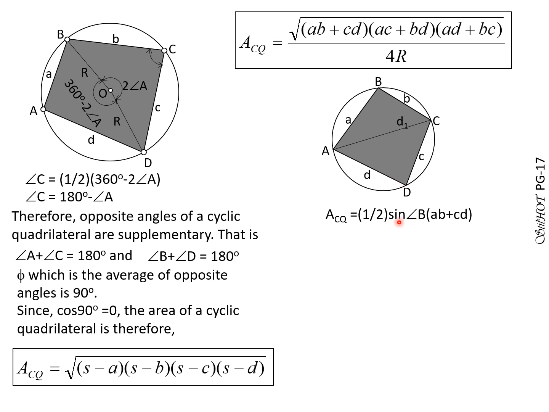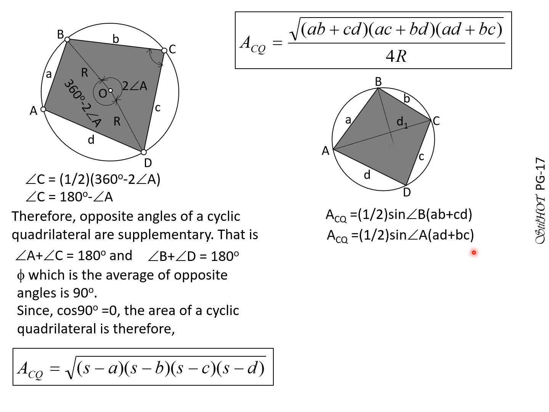I factor it out. So 1/2 sine angle B times AB plus CD. It is also equal to, if we have diagonal 2, 1/2 of sine of angle A times the quantity AD plus BC. So it is still applicable.